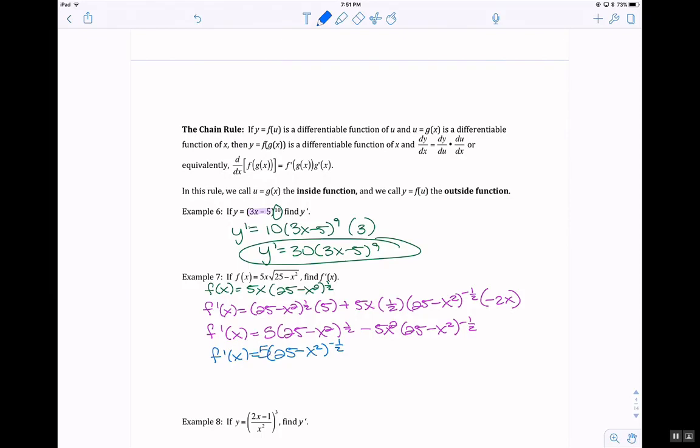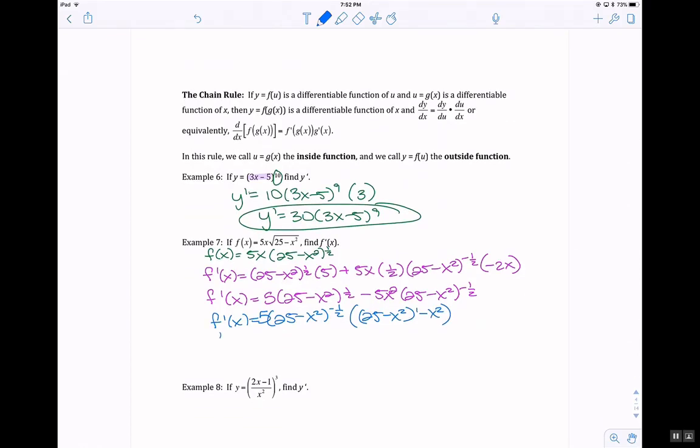And then I'm left with (25 minus x squared) to the first power and minus x squared. So I get f prime of x is equal to 5 (25 minus x squared) to the negative 1/2, and then I get 25 minus 2x squared. So f prime of x is equal to 5 (25 minus 2x squared).